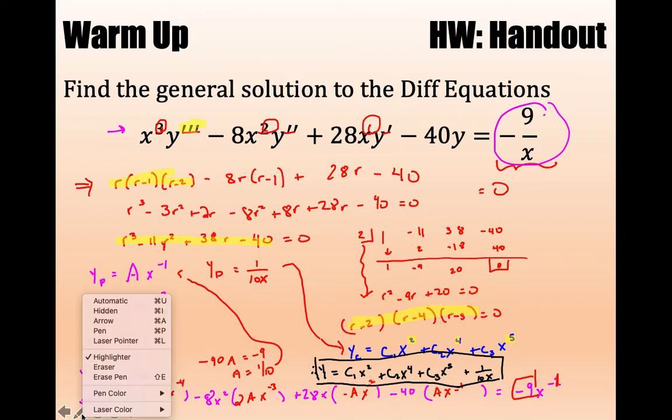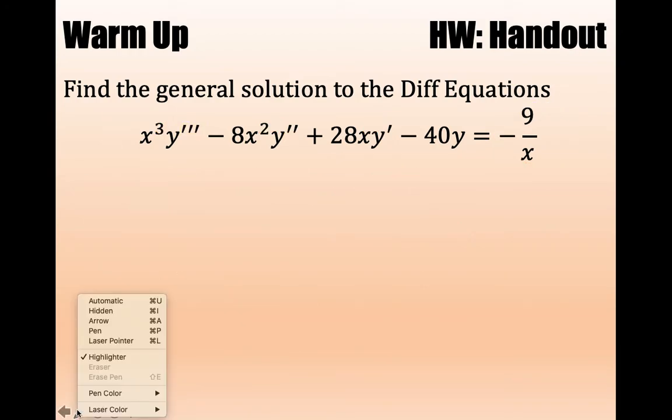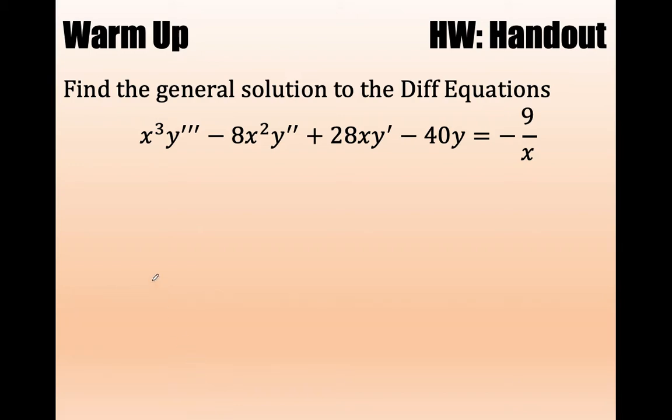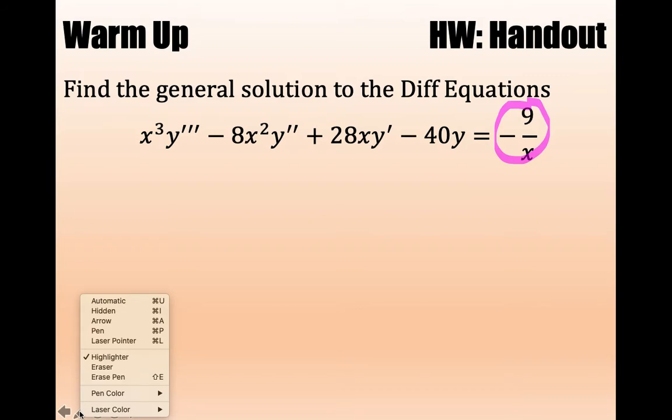So with that in mind, if I go ahead and erase all of this and put back my, just work as if I'd already got the complementary solution. But remember, if you're going to use the substitution e to the t, you have to translate the right side into x's before, when you go to solve for the particular.